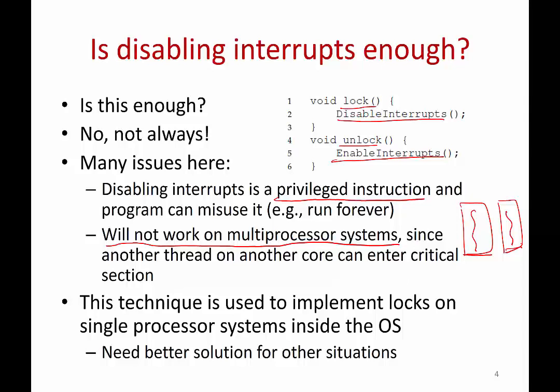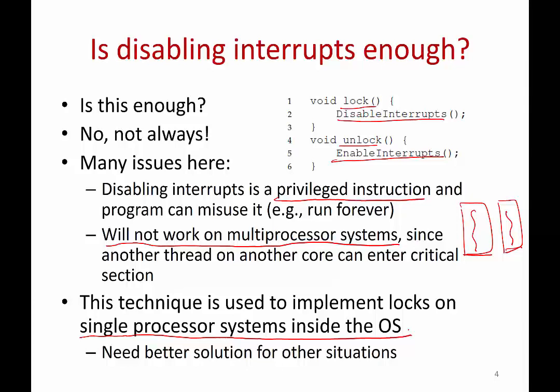So this idea of just disabling interrupts to lock and re-enabling them to unlock is useful in a limited setting. For example, in single processor operating systems, inside the operating system, inside trusted code, you can use this technique to lock and unlock. But in user programs or in multiprocessor systems, we need other solutions, right?